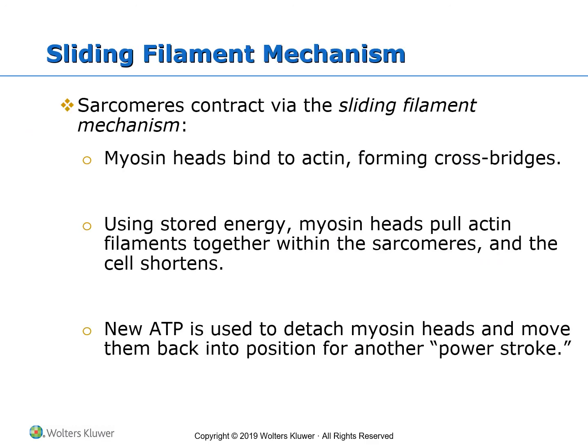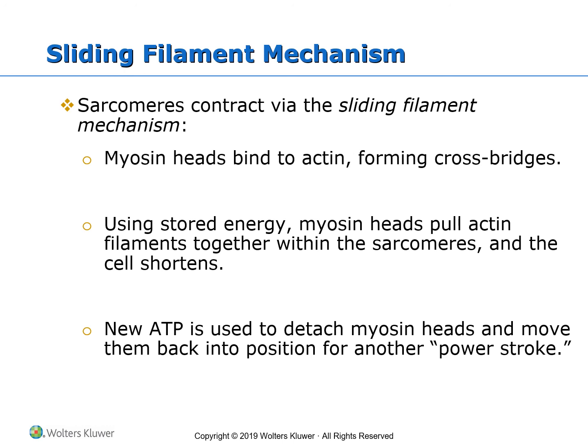So the sarcomeres contract through a sliding mechanism. The myosin needs to bind to actin and form what is called a cross bridge. There is some stored energy, mainly in the mitochondria in each of those muscle fibers.